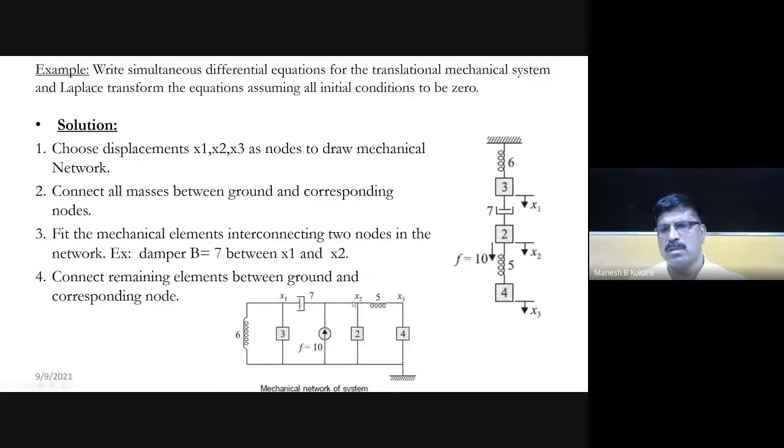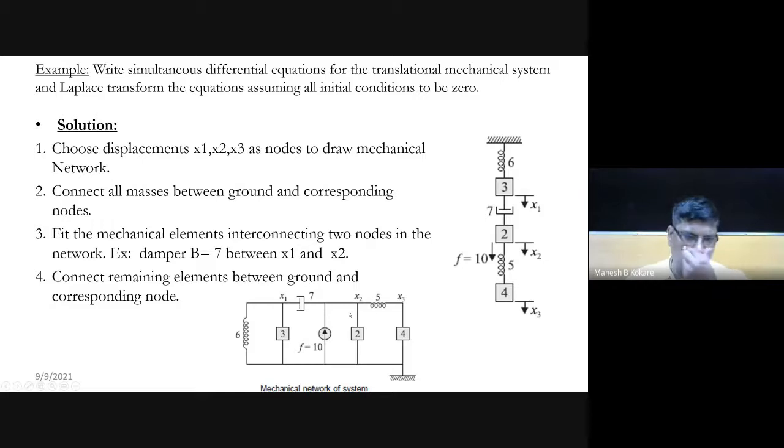So this force is connected between X2 and the ground. Similarly, this 2 is connected. Always one end of the mass element will be connected to the ground, and another end is connected to the nearest displacement point, which is X2.